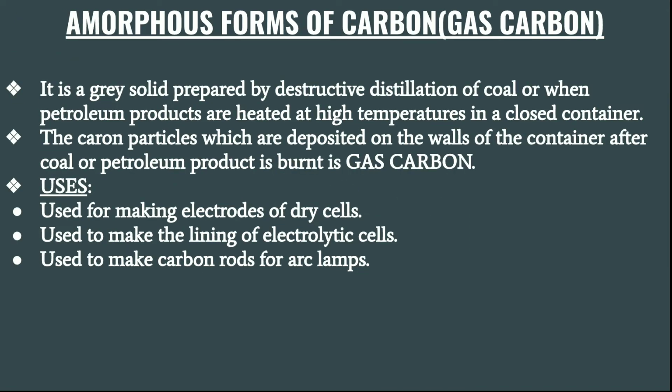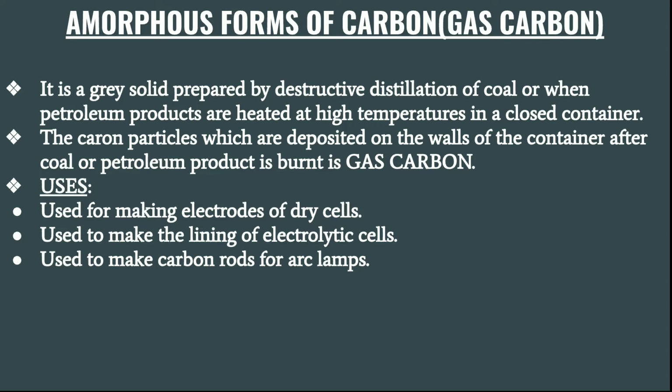This is also an amorphous form of carbon. It is a gray solid which is prepared by destructive distillation of coal, or when petroleum products are heated at high temperature in a closed container.